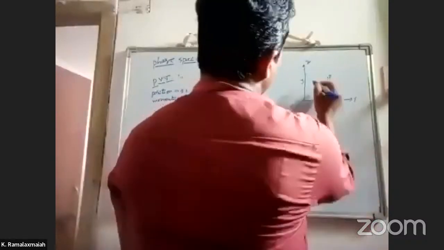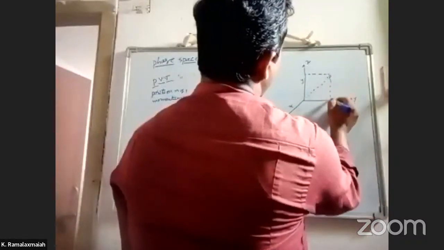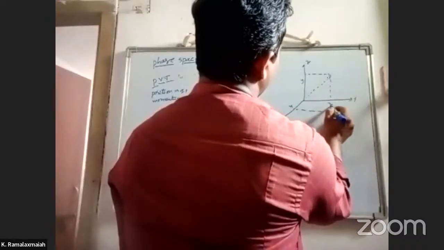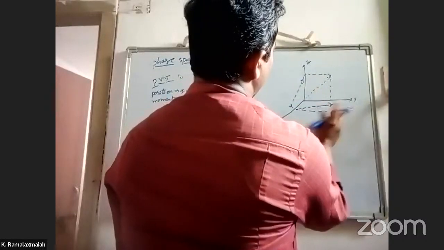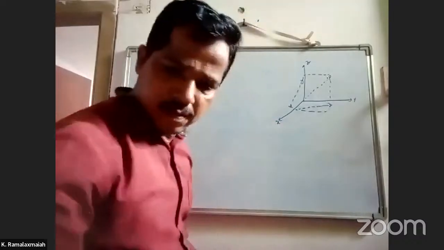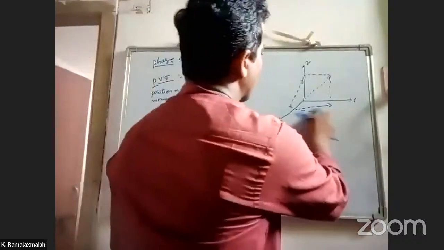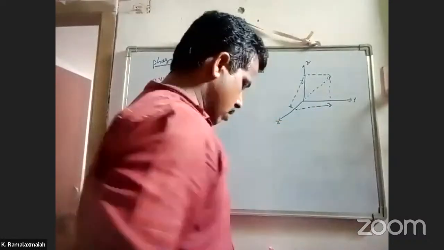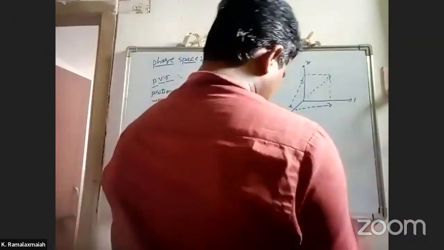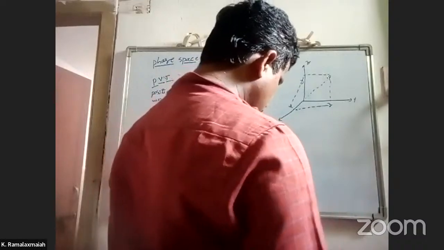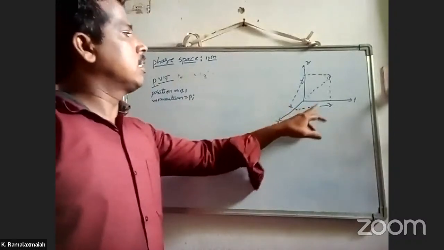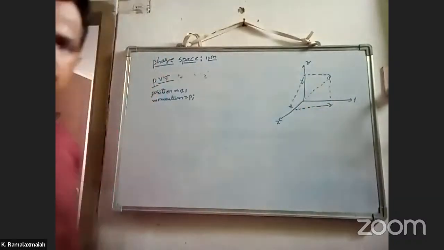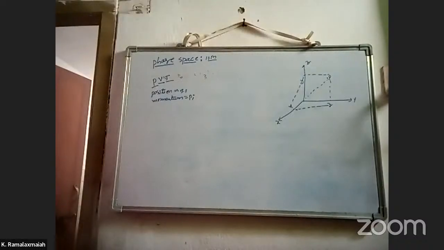This depends on the Cartesian coordinates only. This depends on the Cartesian coordinates X, Y, Z. That is the formula. This phase space is from classical mechanics.